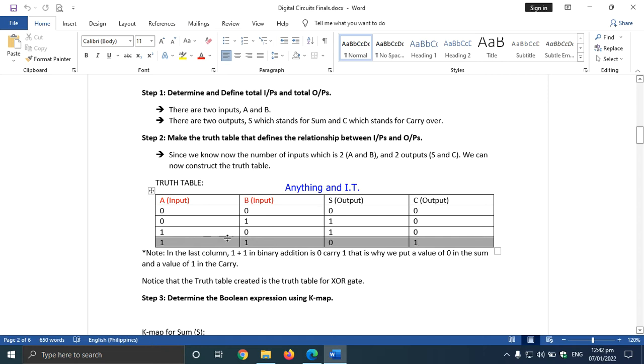Now, if we're going to take a look, anong logic gate ba ang ginagamit to perform the addition operation? That will be your OR gate. Okay? As we have discussed doon sa mga logic gates natin, OR gate is responsible for the process of addition.